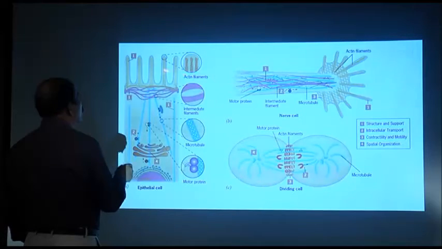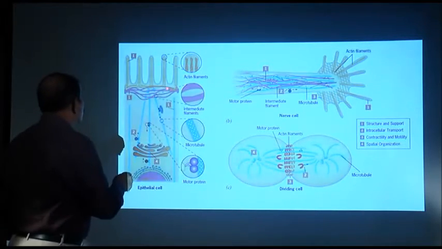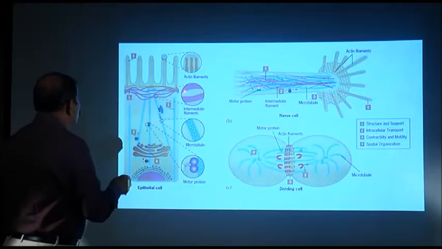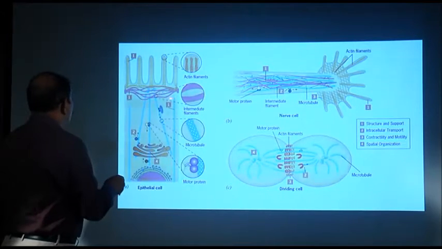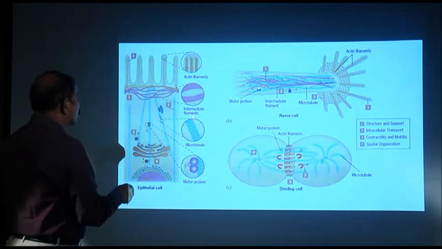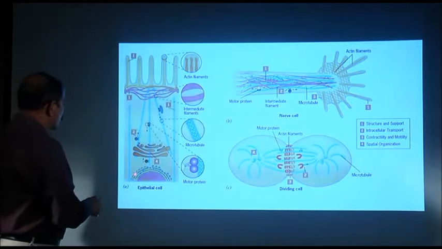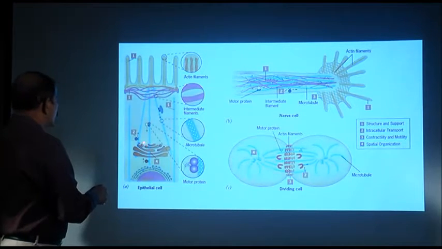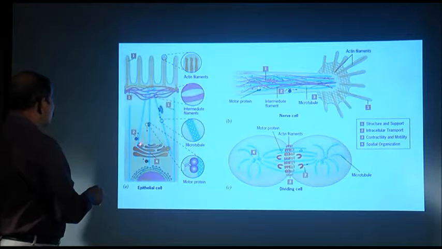They provide shape to this, and below that there are intermediate filaments. I will come to that. So actin filaments, intermediate filaments, and this blue color is your microtubules. This is attached to the nuclear envelope, Golgi. From the Golgi you can see vesicles coming out.